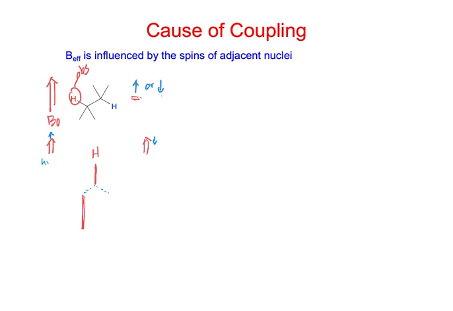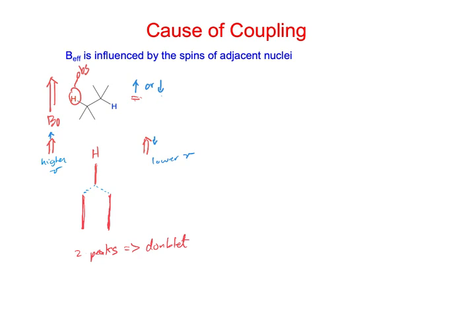So this goes to higher frequency, this goes to lower frequency, and so this would go to here. So instead of one peak, we see two peaks, which we call a doublet. Notice that there's only one adjacent proton.